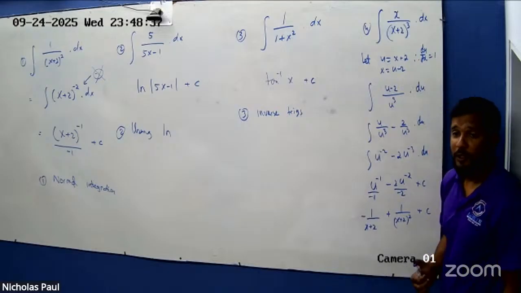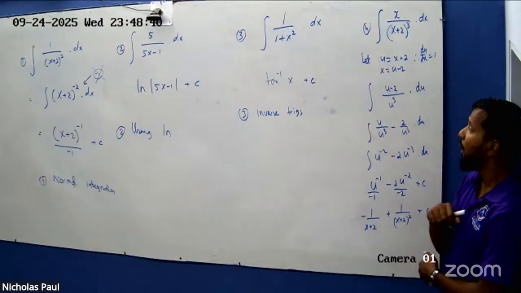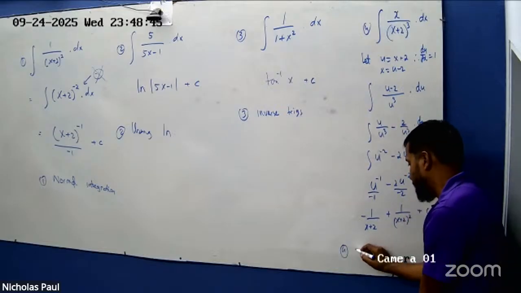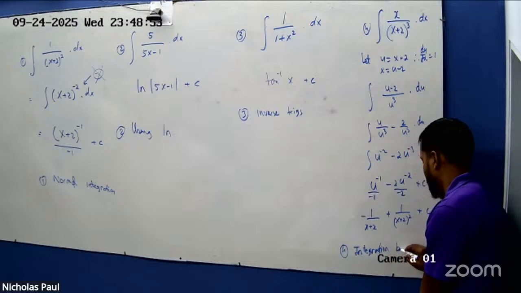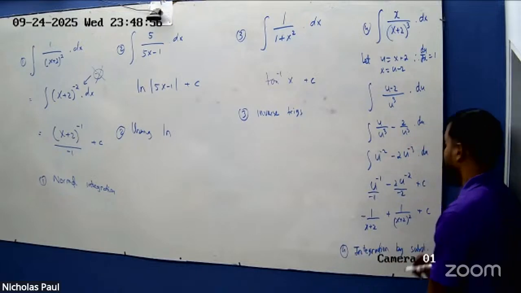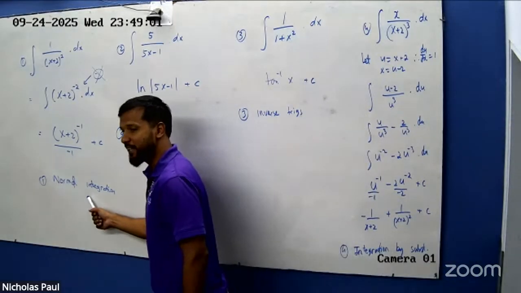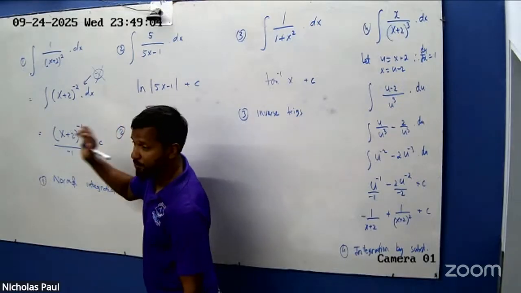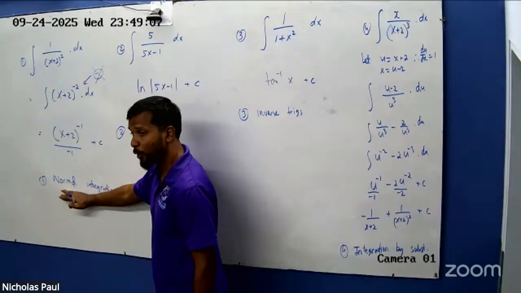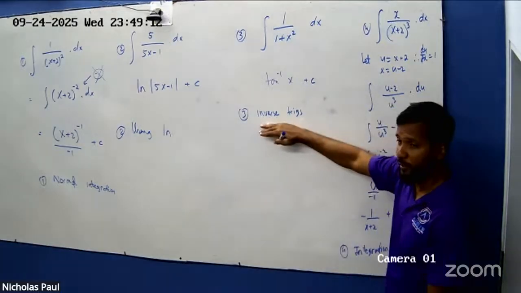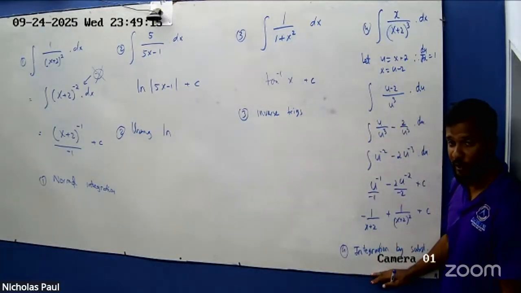All right. So in short, how do we integrate partial fractions? People like Darren who now decide to join, when you integrate partial fractions, there are four options: normal integration, integrating using ln, integrating using inverse trig, or integration by substitution.